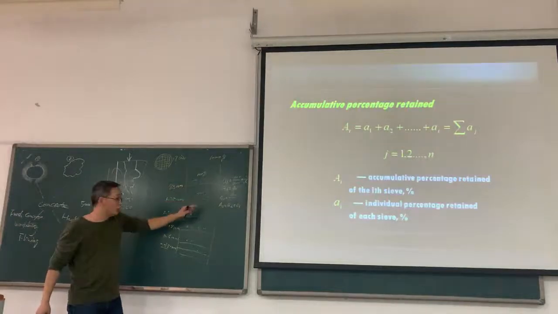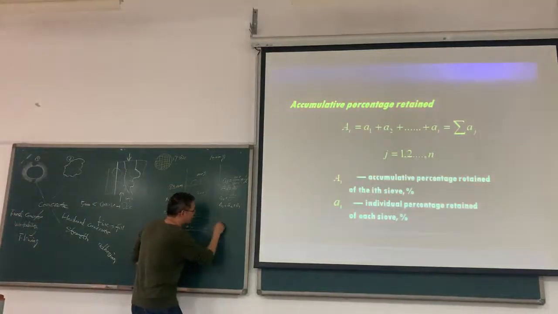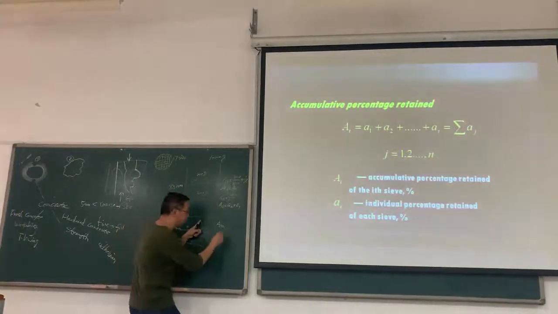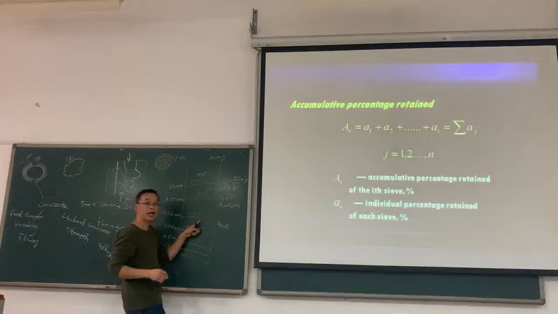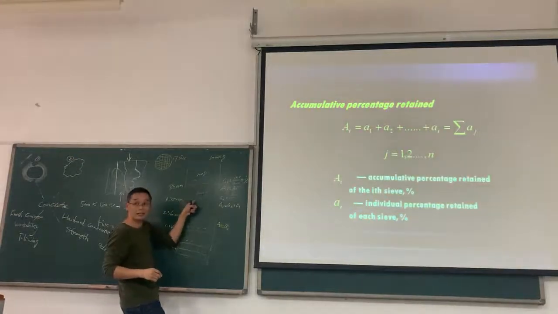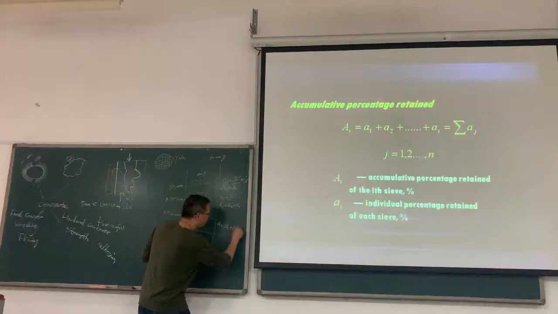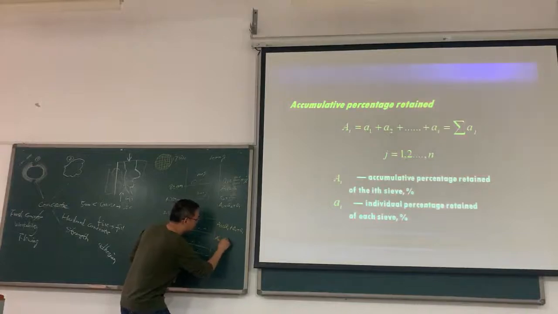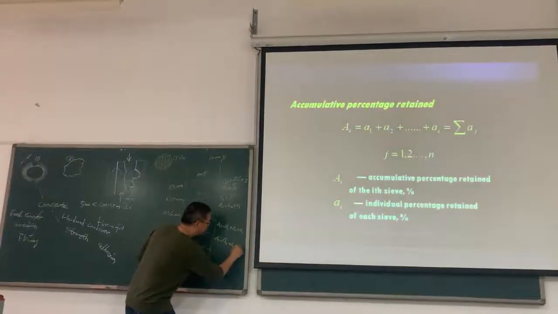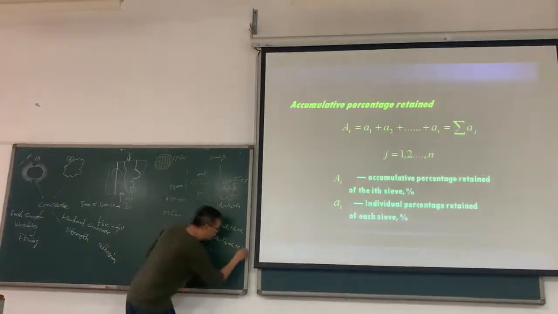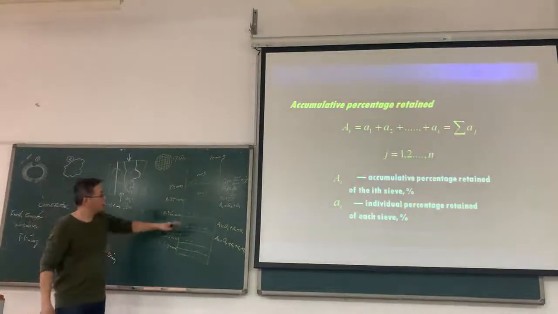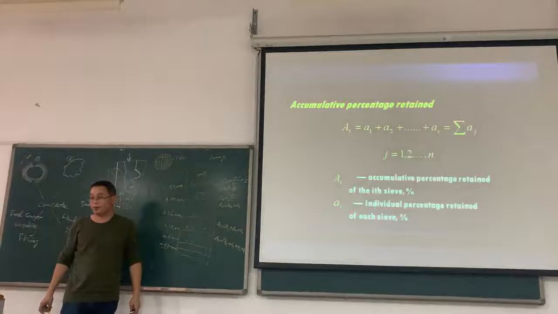For this one, the individual percentage retained at this size is A3, and above this size, two sieves, A2 and A1. For this one it is A4, A3, A2, A1. So this is the accumulative percentage.